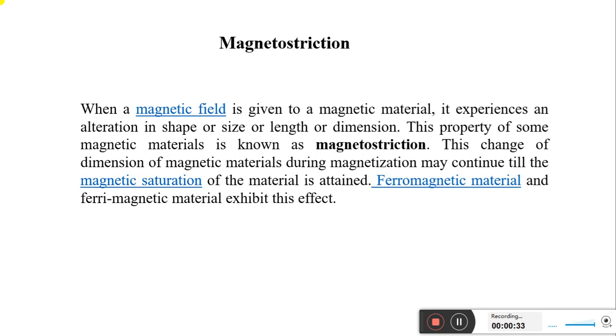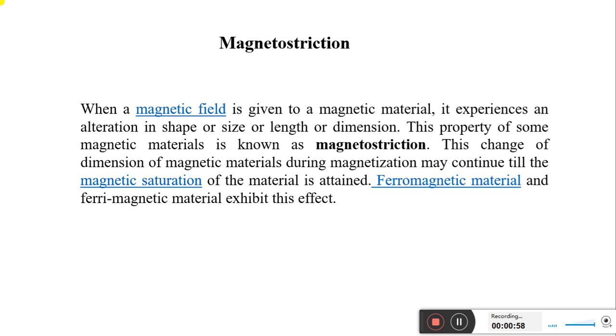So it is defined as when a magnetic field is given to a magnetic material, it experiences an alteration in shape or size or length or dimension. This property of some magnetic material is known as magnetostriction. So what is magnetostriction?